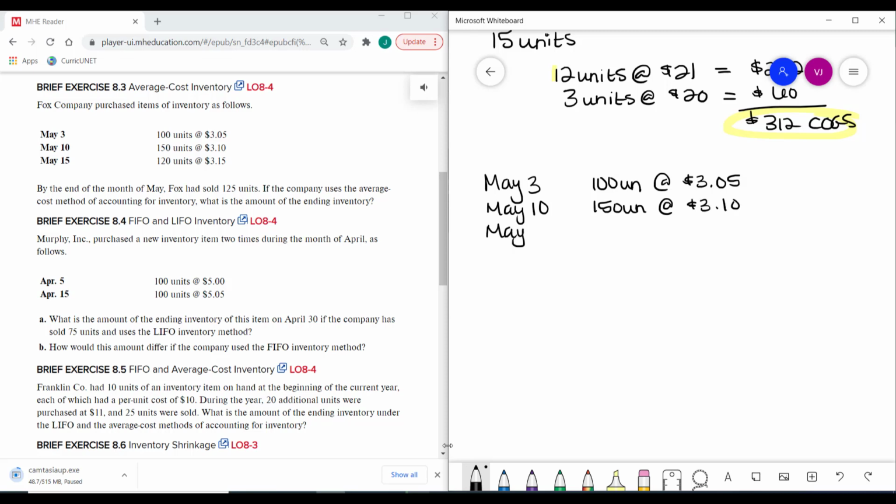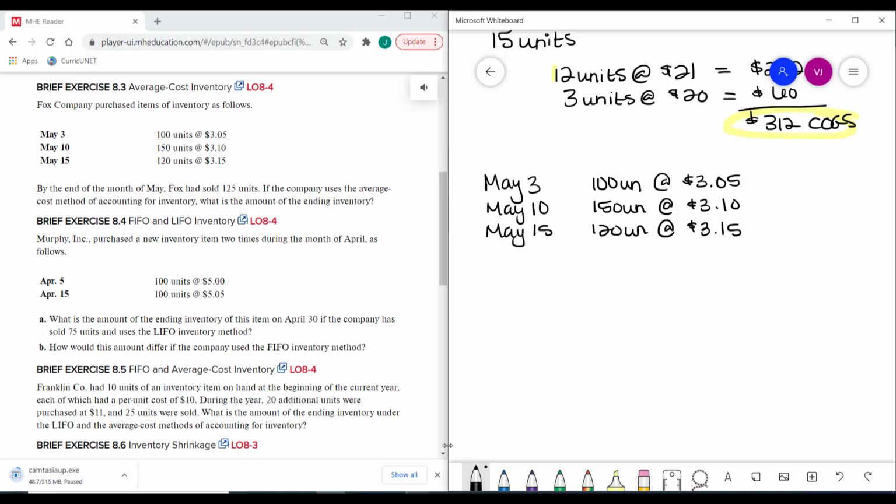And then May 15th, purchased 120 units at $3.15. Okay. By the end of the month of May, Fox had sold 125 units. If the company uses the average cost method of accounting for inventory, what is the amount of the ending inventory?